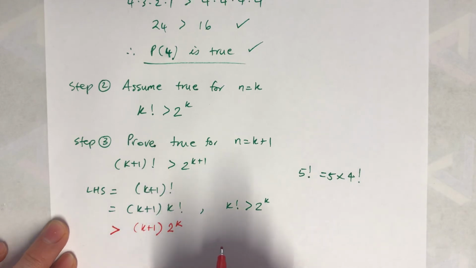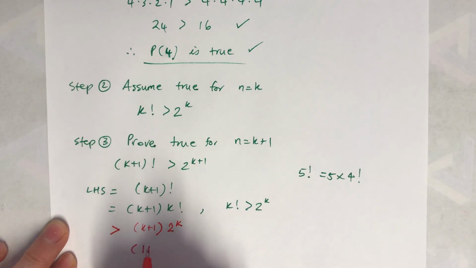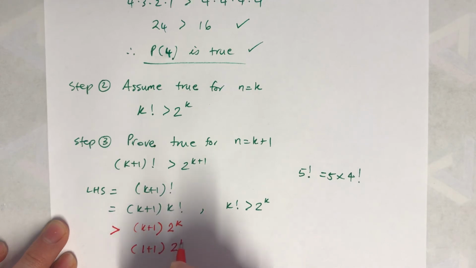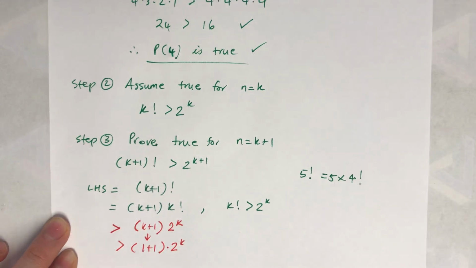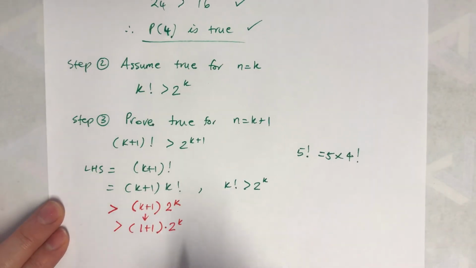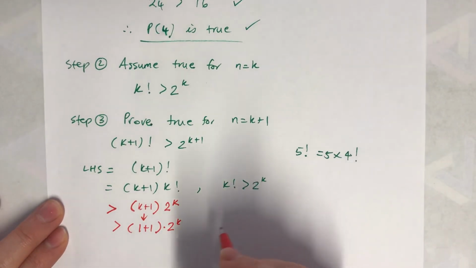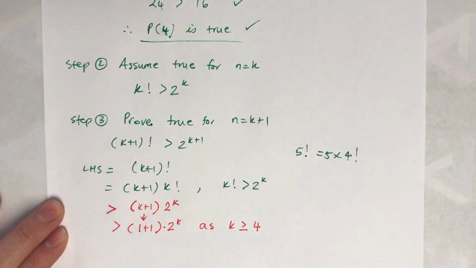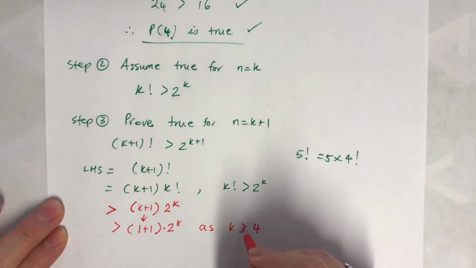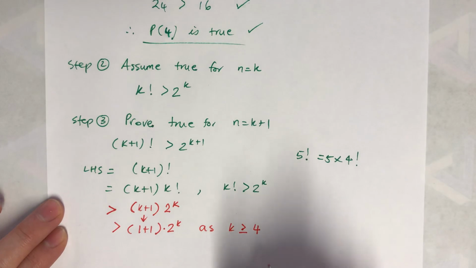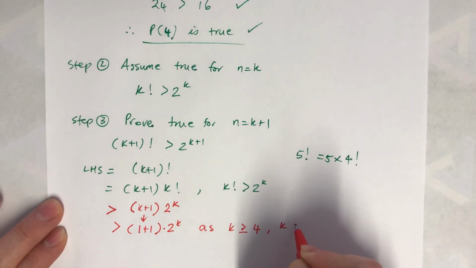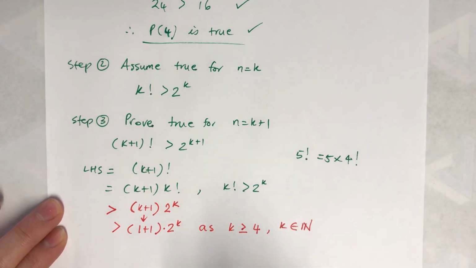This is the part you have to be very careful about. Okay, so you might think, oh miss, what happened here? We put in k equals 1. Now what happened is, from the question, we know that k is bigger than or equal to 4. Okay, and k also belongs to natural numbers, which are the positive integers.